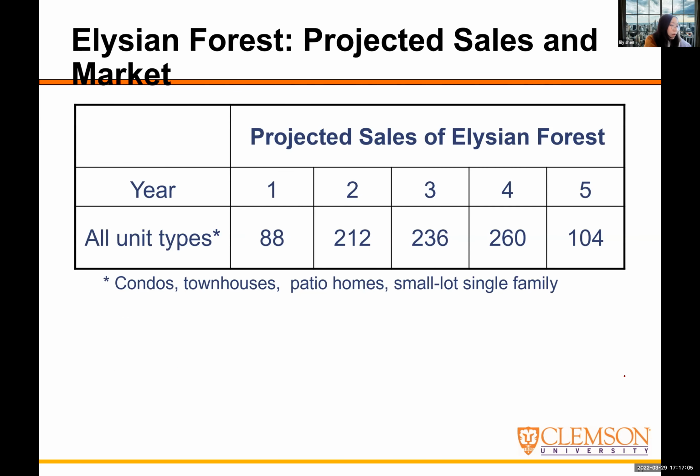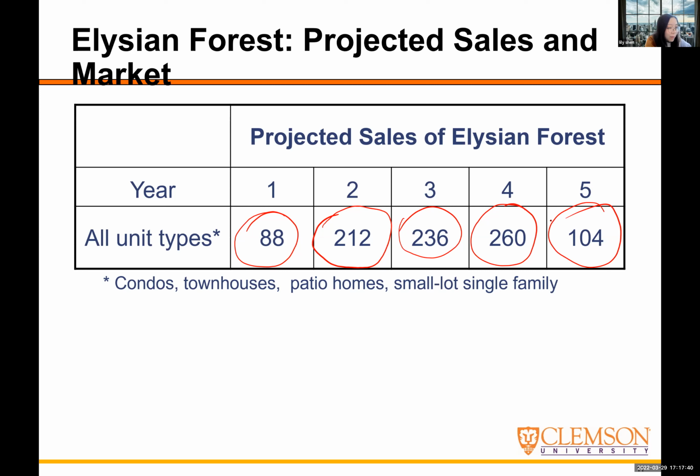Okay, those are the projected sales in Elysian Forest. What that means is the developers say, I will develop 900 units in total, but I'll do that in phases. The first year, I will finish 88 and try to sell them all. And then I will use the cash I recover to complete 212 units in the second year, 236, 260, and 104 over the course of 5 years.